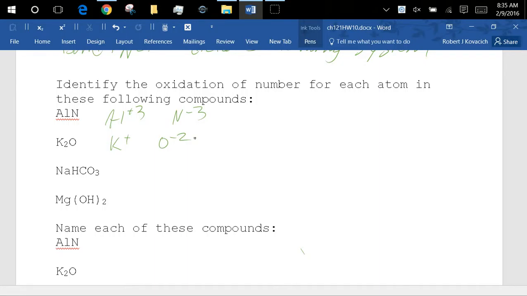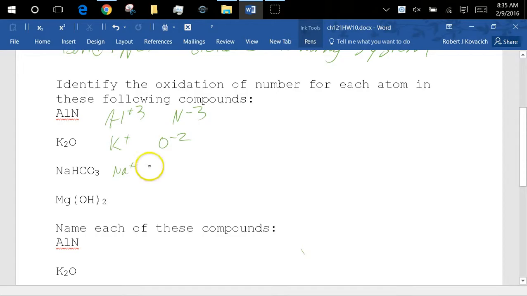It's not always that number. There's 2 potassiums. I know the potassium's charge is each +1, so there's only 1 oxygen, so it's got to negate all of that by itself. All right, the sodium? +1. Yeah, it's 1 because it's in that first column.